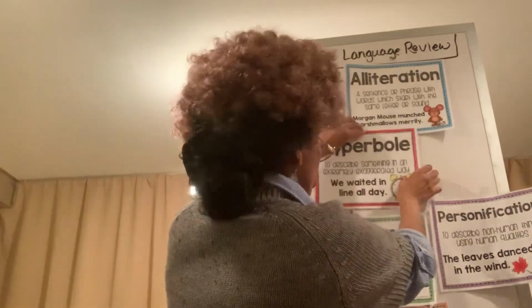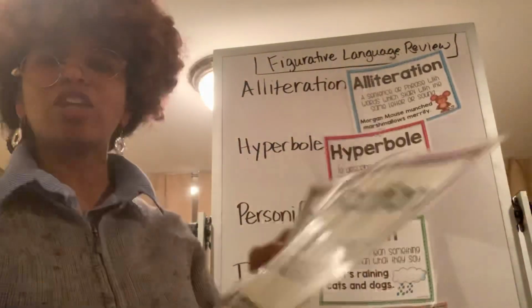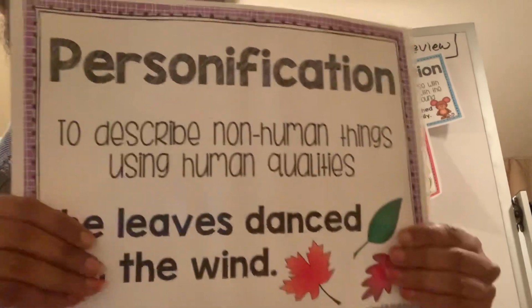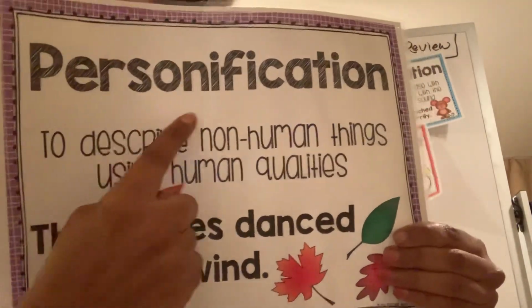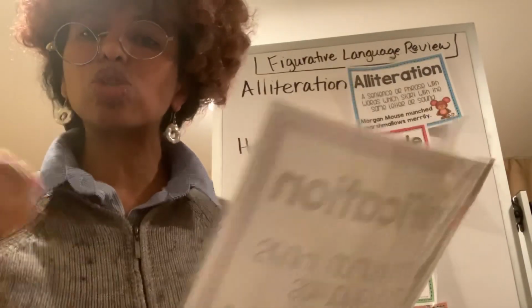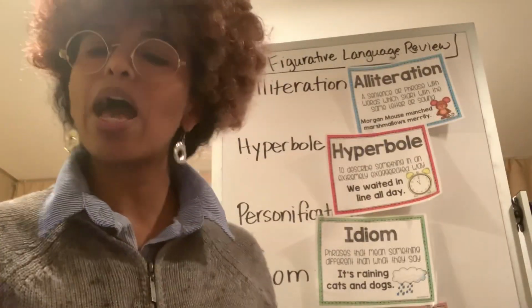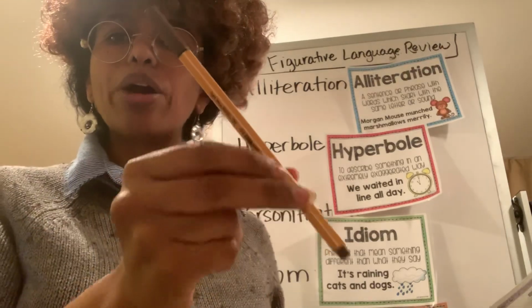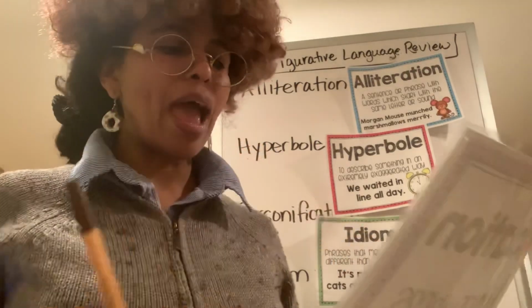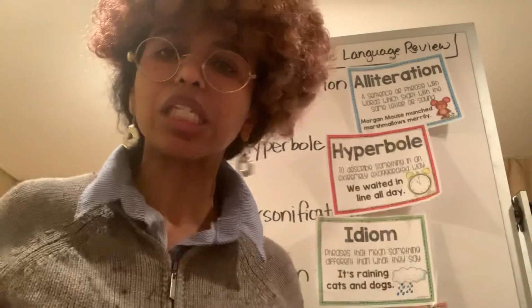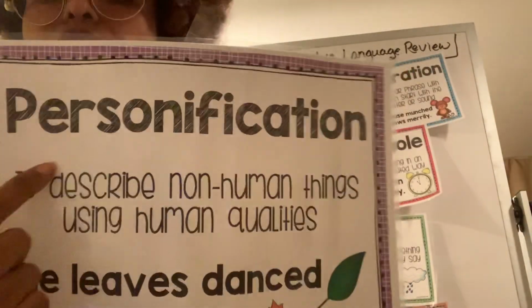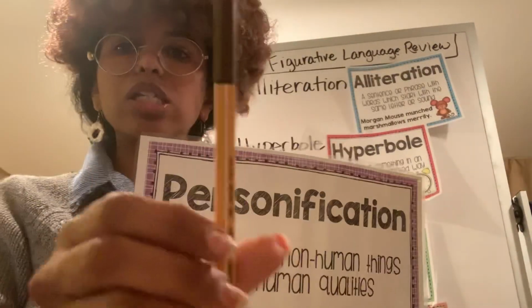Next, we have the word personification. I like this word because it has the word person in it, and if you look at the definition, it is describing a non-human object, perhaps a pencil or a pen like this one, and it is giving it a person's qualities, so it will act like a person.